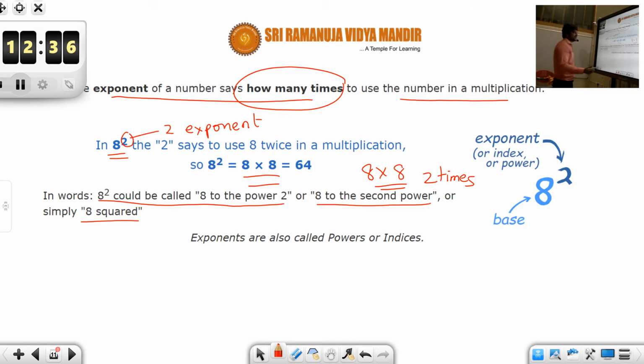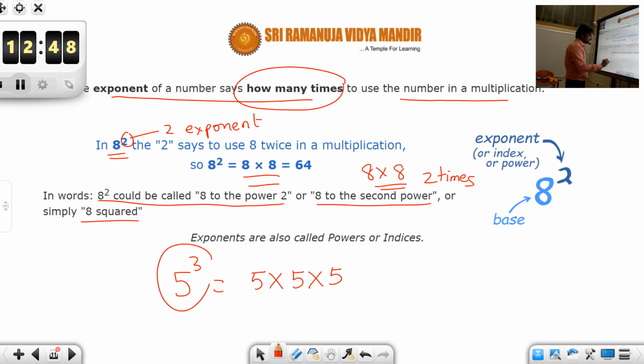Okay students, similarly let's look at another example, say 5 cubed. What does 5 cubed mean? We need to multiply 5 with itself 3 times. This is a shorthand notation. Whenever there is a repetitive multiplication of the same number, I mean the number with itself some number of times, we use a shorthand notation.